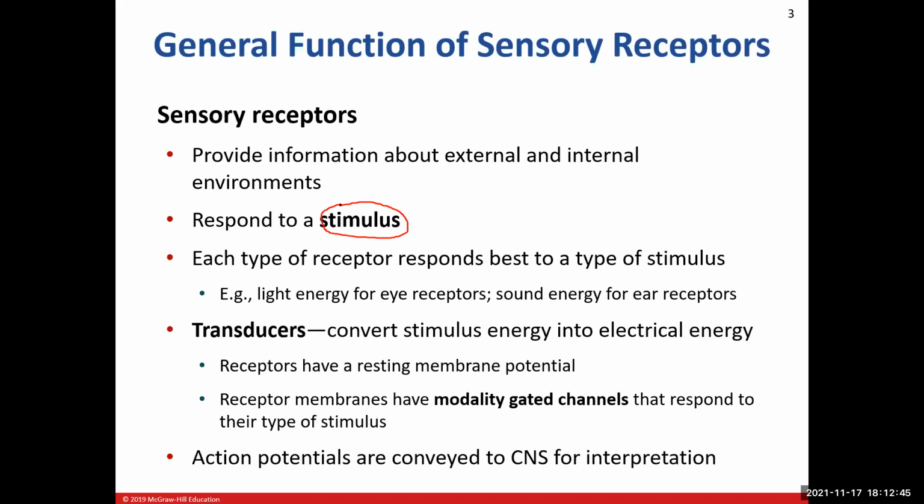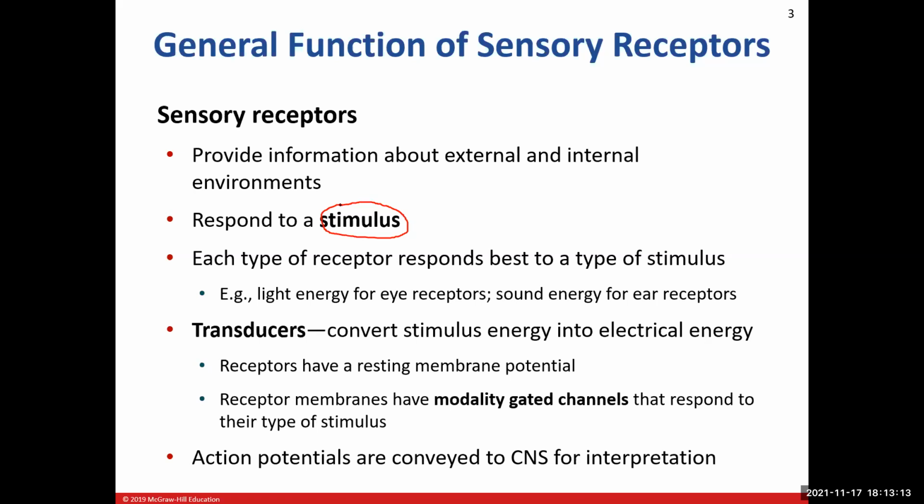So we have these structures we call transducers, and these transducers are responsible for converting the energy of a specific stimulus. It could be pressure, light energy, sound energy, or chemical interaction, but it's going to convert whatever that stimulus is into an action potential. That's what transducers do.